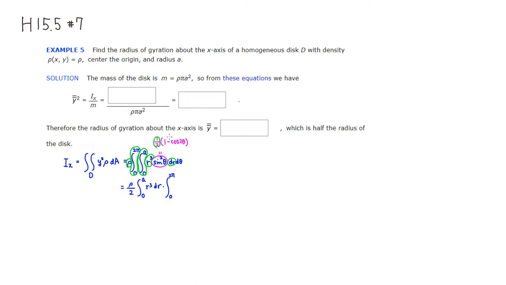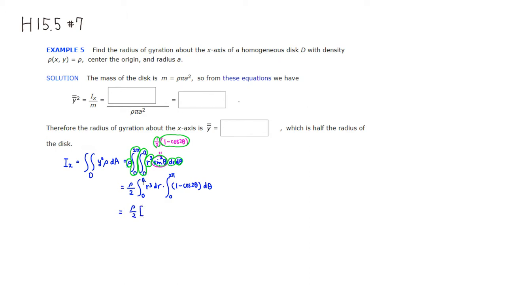Then you have 1 minus cosine of 2 theta, and the last thing we need to take care of is d theta. Then we can go ahead and find the antiderivative. Rho over 2 is just a constant.